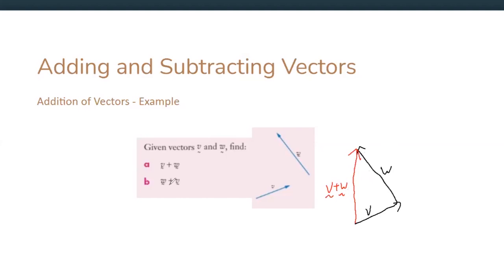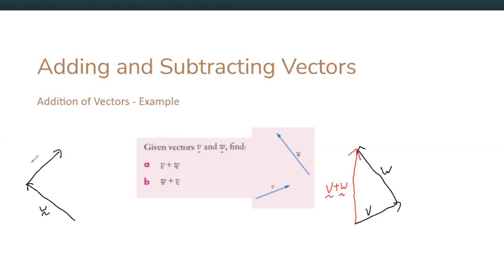Now, if we look at w plus v, what we're going to do is start with w. So we're going to start w going up here. And again, this is just rough, so it's not going to be exact. But then we're going to have v, and the tail of v is going to go to the tip of w, and it's going to go back the opposite way, because that's what v does.